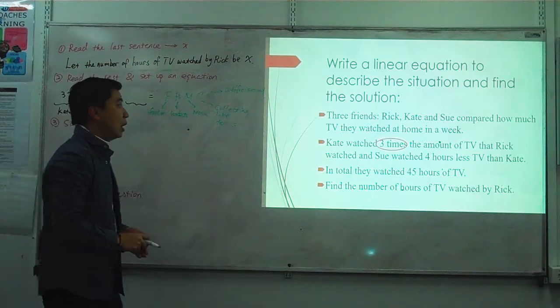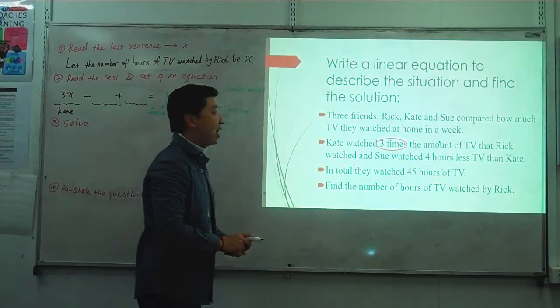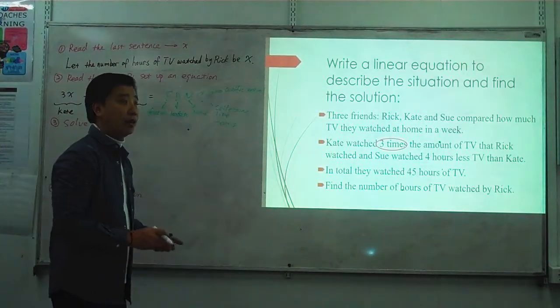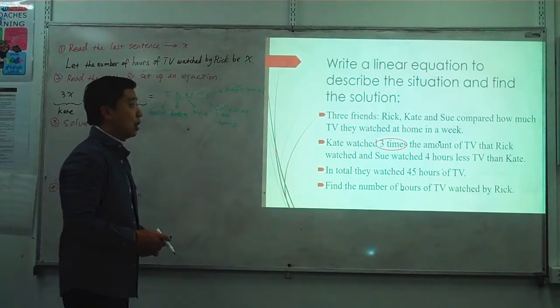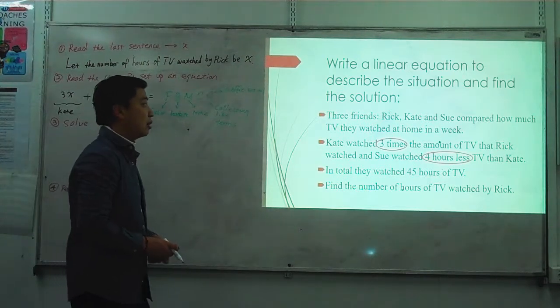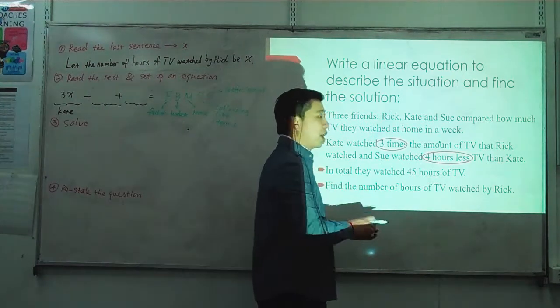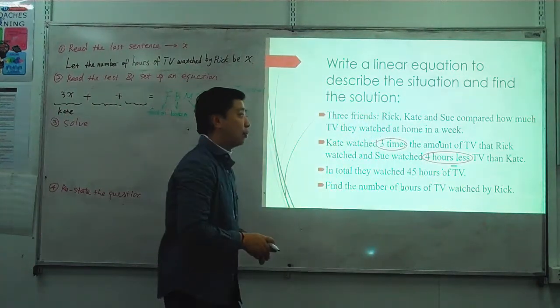Okay? And also, Sue watched 4 hours less TV than Kate. Anybody tell me where is the keyword? Good. The keyword is 4 hours less. Okay? So 4 hours less means we have to do takeaway. Okay? Takeaway.